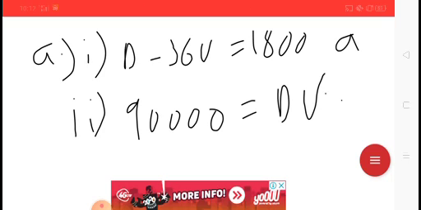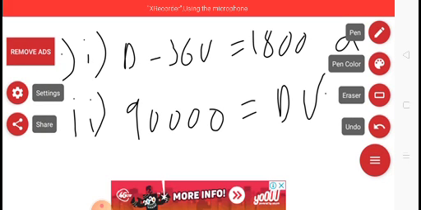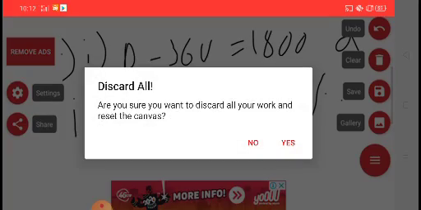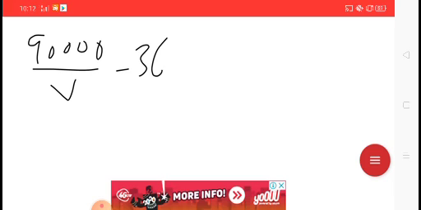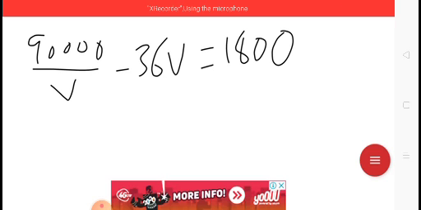Okay, for B, use this to show that the equation of motion can be written in the given forms. For the first one, you know that P equals FV, so F equals P over V, and it is 90,000 over V minus 36V equals 1800A.